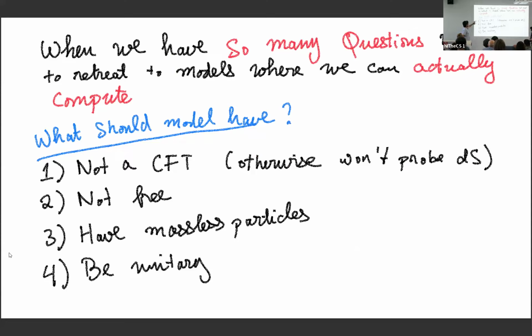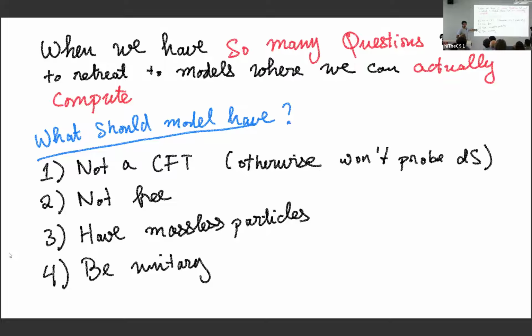I'm going to demand a few things from my toy model. One, it shouldn't be a CFT. If it's a CFT, then it doesn't care about the geometry of de Sitter because de Sitter is conformally flat, so it would feel like de Sitter is the same as flat space, and it wouldn't be sensitive to the physics. Also, I don't want it to be free. I care about interactions; I want to understand how perturbation theory works.